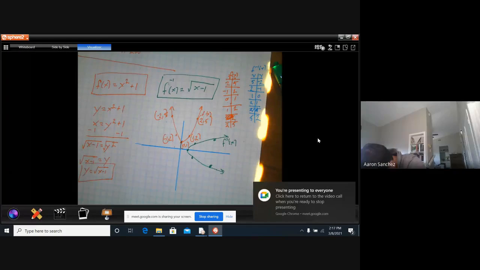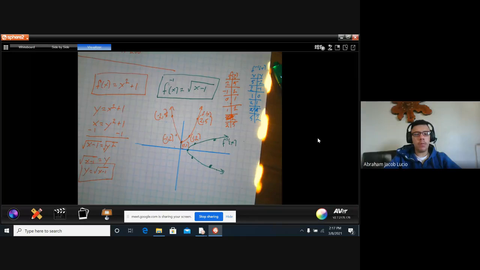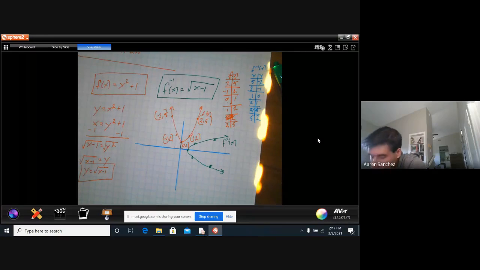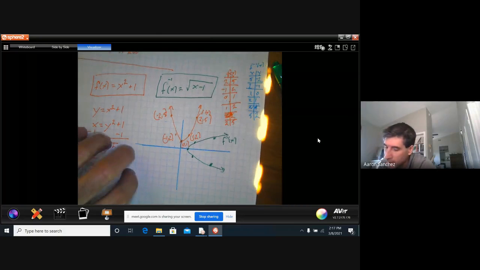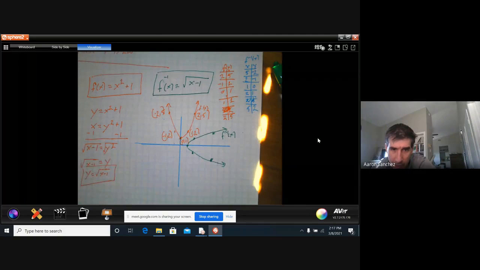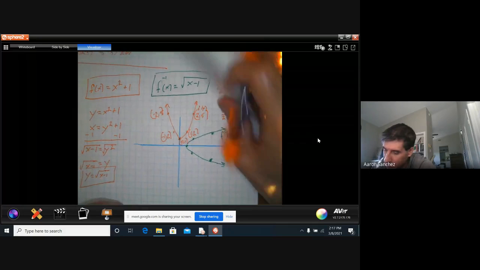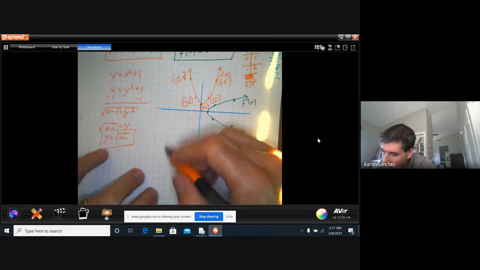No. Why not? If you draw a vertical line, it's going to pass through it twice. Right? That is 100% correct. So it is not a function. The final thing is what's going to happen with inverses every single time.